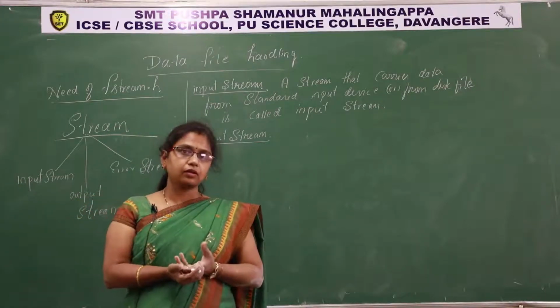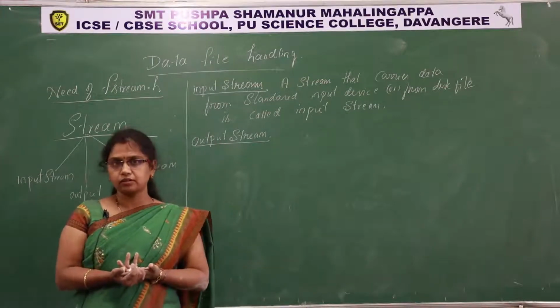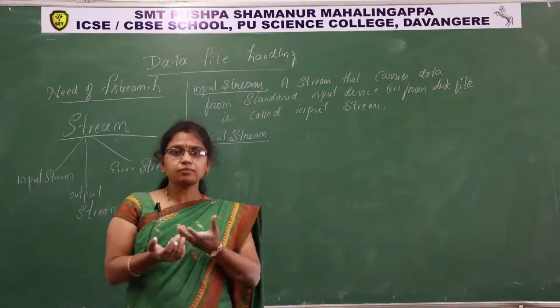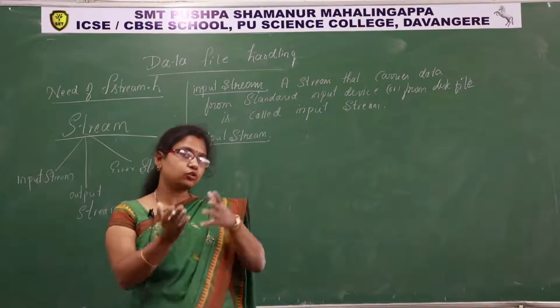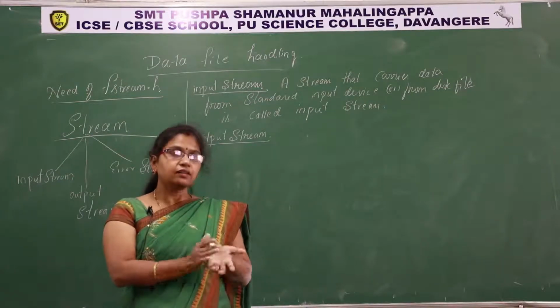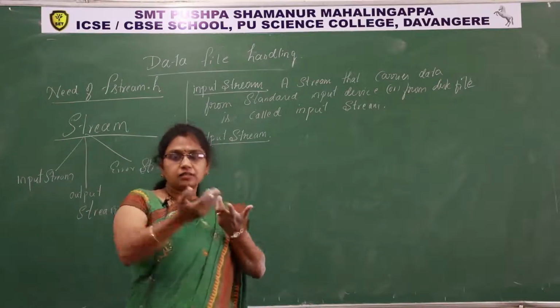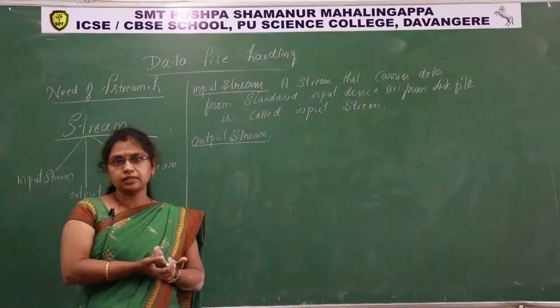Okay, I want to display the register number and name of a student. So you can write a cout statement and display it on the screen. So some stream has to carry the data. A register number and name has to display on the monitor screen. There must be a stream, and that stream carries the data. Some sequence of bytes will move from the program onto the screen, isn't it?